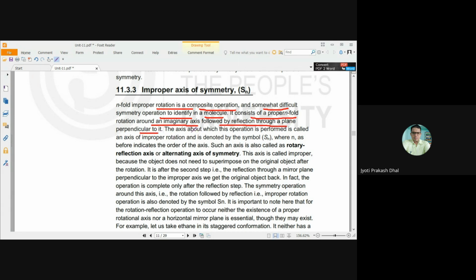The axis about which this operation is performed is called the axis of improper rotation, denoted by the symbol Sn, where n, as before, indicates the order of the axis. Such an axis is also called a rotary reflection axis or alternating axis of symmetry.